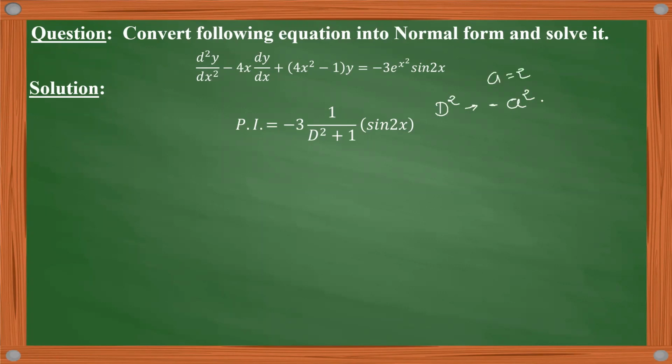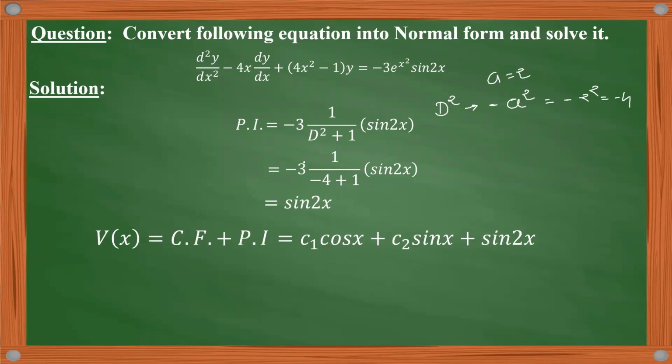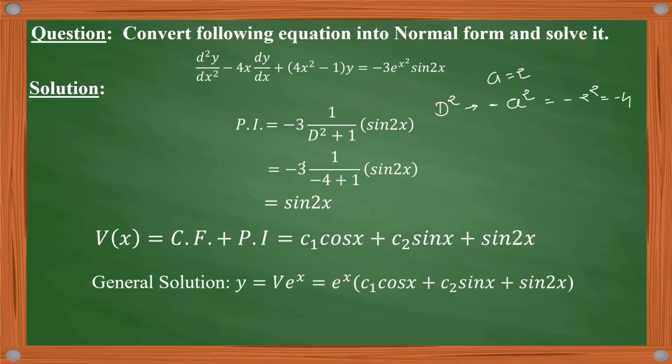So we will replace this D square by minus of 2 square, and that is equal to minus 4. So this is our particular integral. It is simply sine of 2x. So combining this complementary function and particular integral, our solution is c1 cos x plus c2 sin x plus sin x. That is our particular integral.